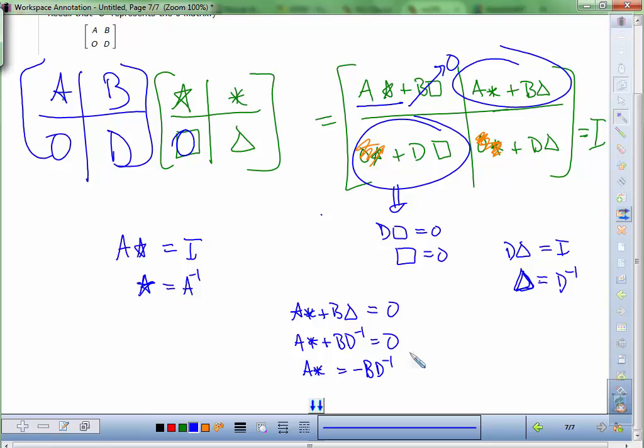If we want to solve for the asterisk, we take the inverse of A on the left side, so the asterisk is equal to A inverse times negative B D inverse. The negative in front is a scalar that you can just take outside. I don't think it's necessary, but you could take that negative all the way out since it's associative.